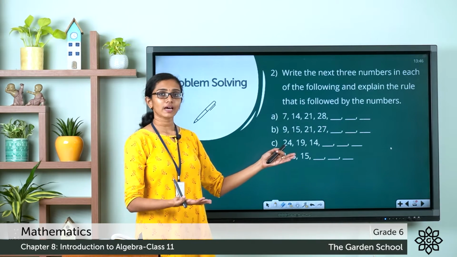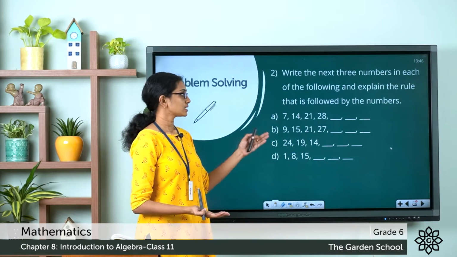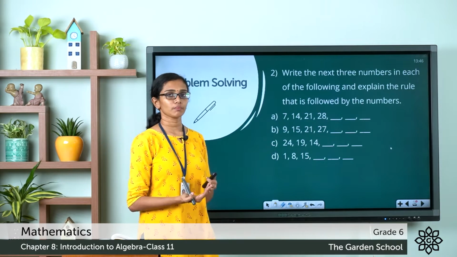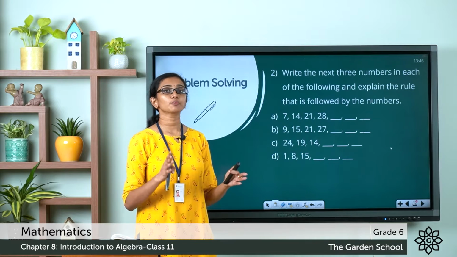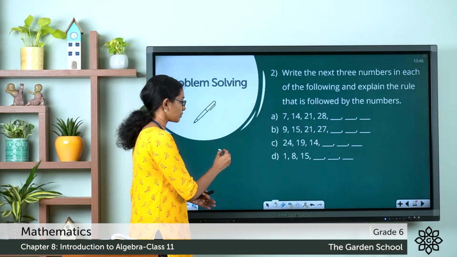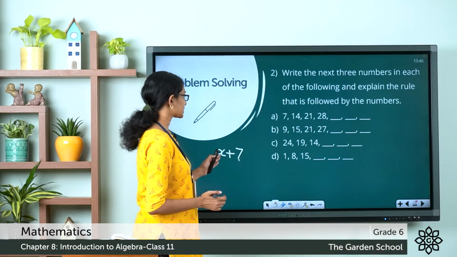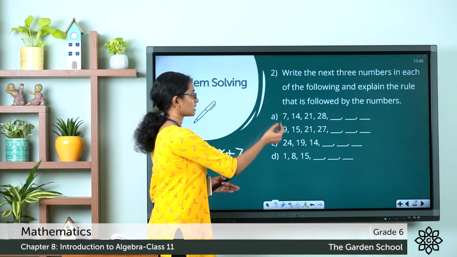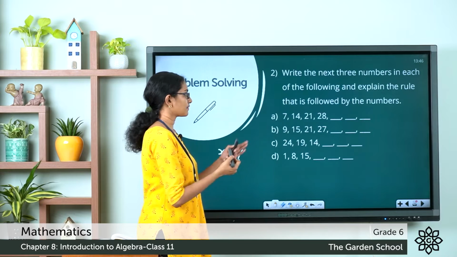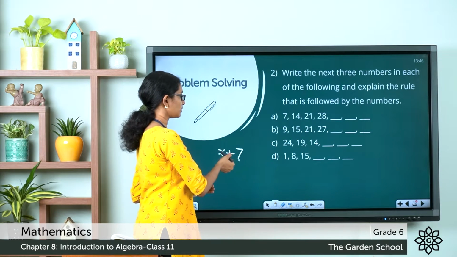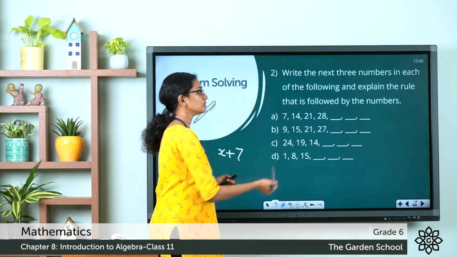When you observe the pattern, you can see that the number at any position is 7 more than the previous number. So, if you assume the number to be x, the next number will be x plus 7. When x is equal to 7, the next number will be 7 plus 7, 14. And when x is equal to 14, the next number will be 14 plus 7, which is equal to 21.